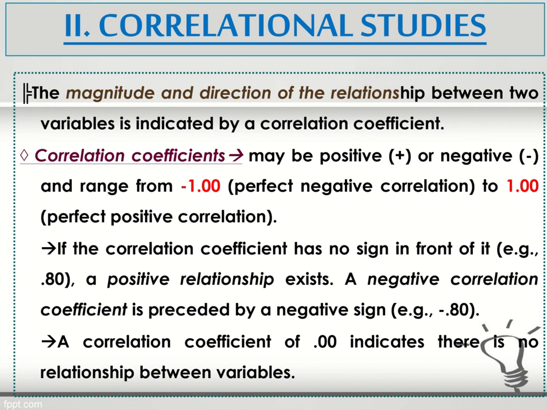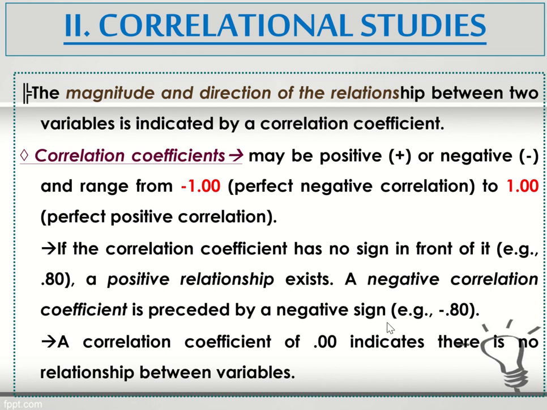So the magnitude and direction of relationships between two variables is indicated by the correlation coefficient. So correlation coefficients may be positive or negative and range from -1.0, that is perfect negative correlation, to 1.0, that is perfect positive correlation. Okay, if the correlation coefficient has no sign in front of it, example, 0.80 lang siya, ibig sabihin a positive relationship exists.